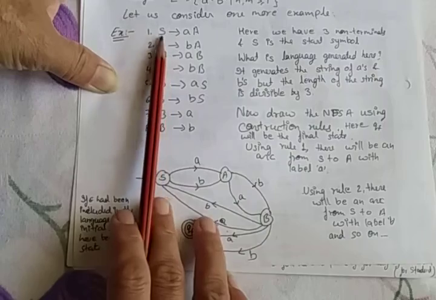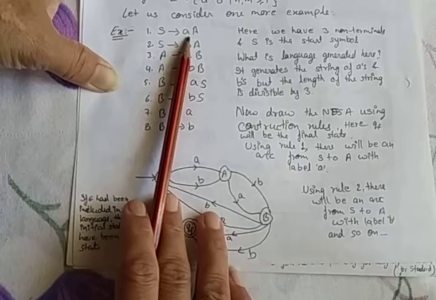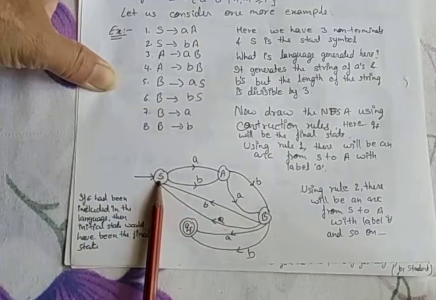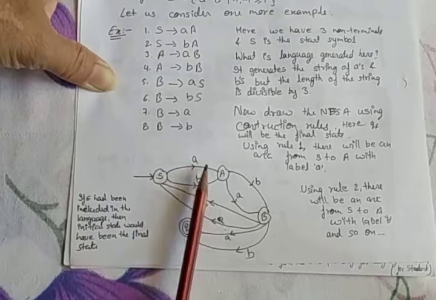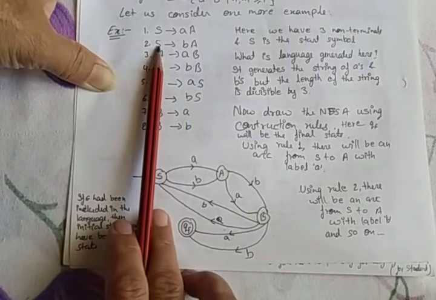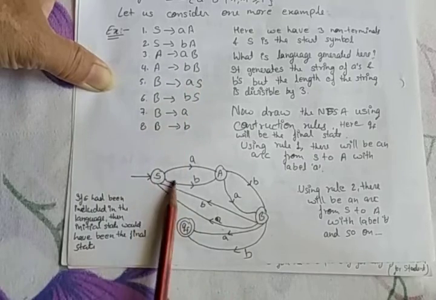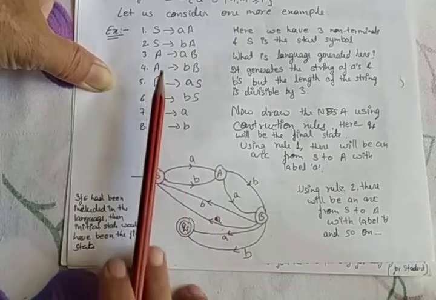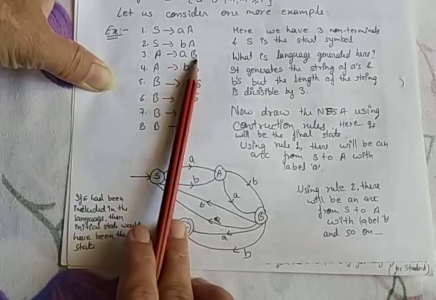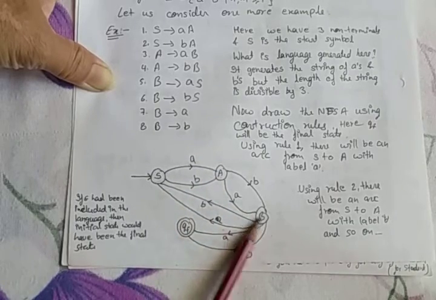Using this, S tends to aS, means at state S, we read symbol a and go to capital S. Second rule, at S, we read b and move to A. Third, at A, we read a and move to B.